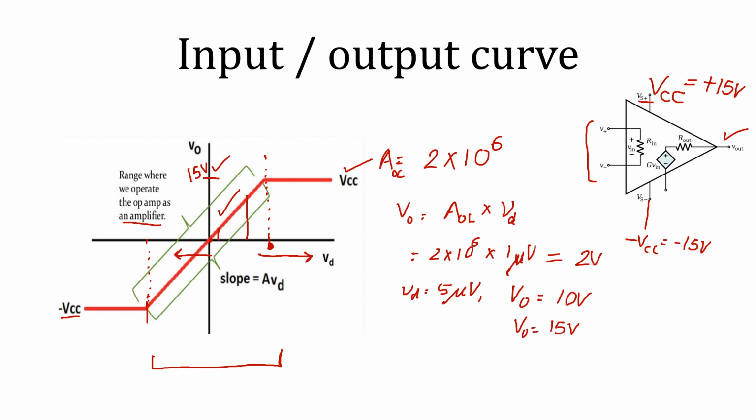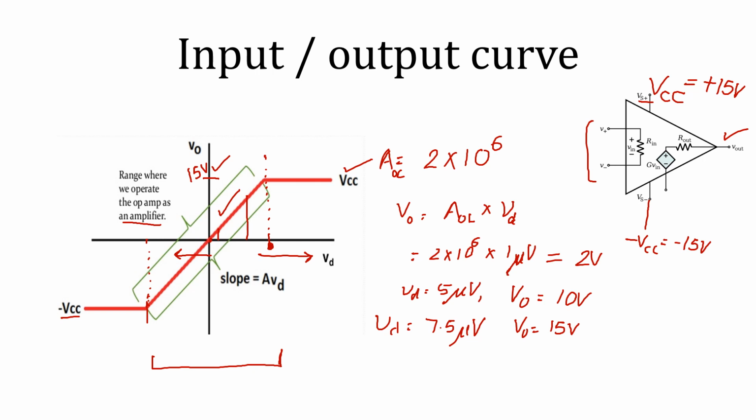Let's keep the gain constant at 2 into 10 raised to power 6. Yes, the VD should be 7.5 microvolt. So see the power of this operational amplifier. Even a 7.5 microvolt signal can be converted into 15 volt.